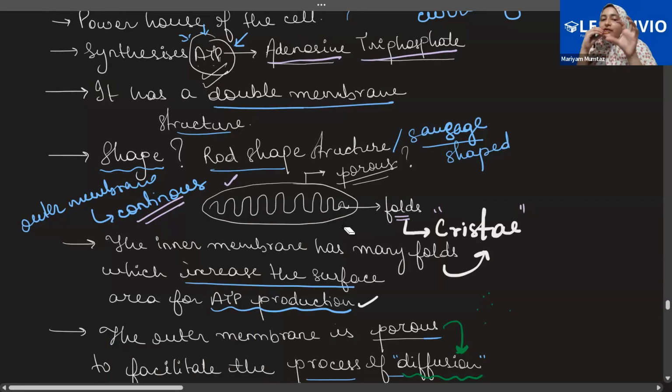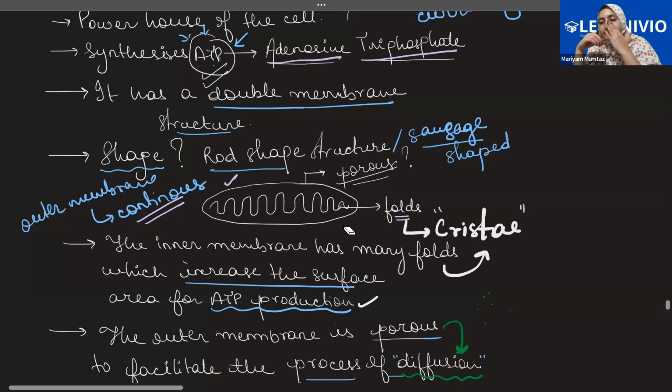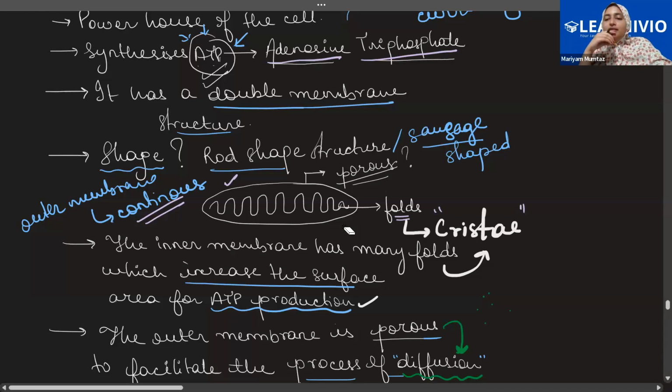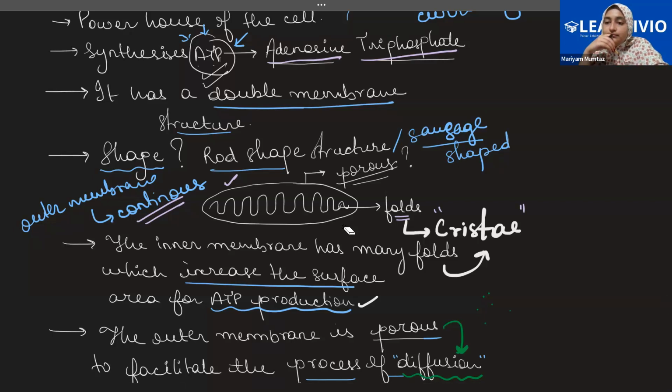And if I say that the folds are present, then what will be the purpose of the folds? Why would the folds be there? Yeah, it is there in the inner membrane. But why is it there? There may be a reason, isn't it? I told you, wherever folds are there, what do the folds do? Ma'am, increase the surface area.